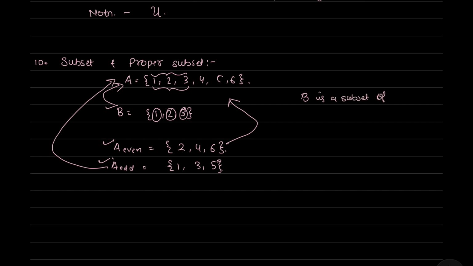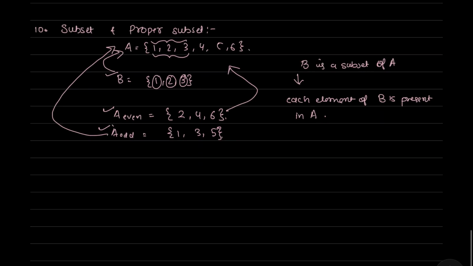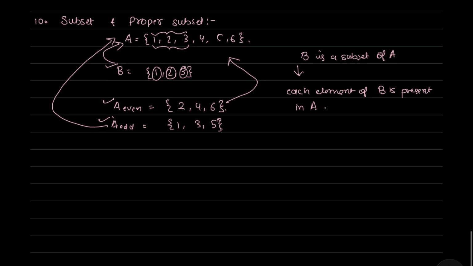Basically, what it means is each element of B is present in A. Okay? Now, one more thing that you need to observe here, suppose I have A dash, which is equal to 1, 2, 3, 4, 5, 6.